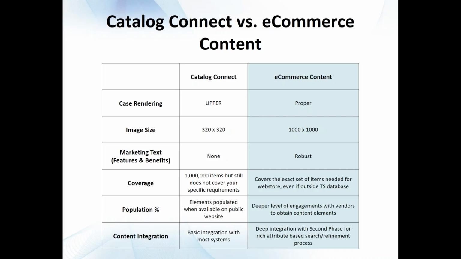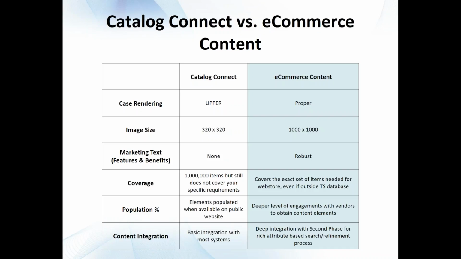And then we mentioned the marketing text, the actual information that converts the features into customer benefits. Those are not present at all in the Catalog Connect service. They're very robustly populated within the e-commerce content service.